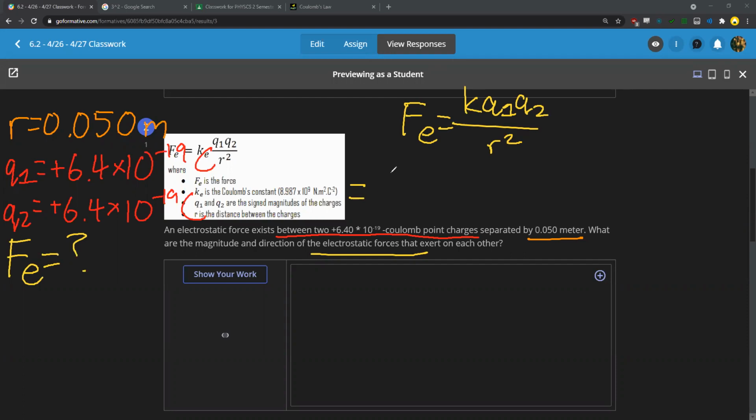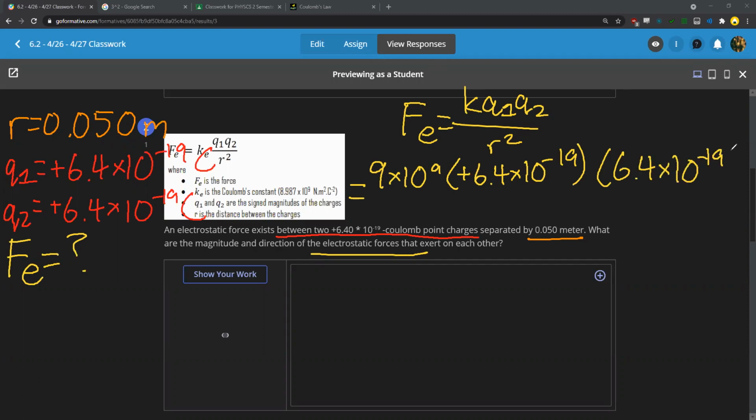So this becomes K is 9 times 10 to the 9, Q1 is 6.4 times 10 to the negative 19, Q2 is 6.4 times 10 to the negative 19, and R is 0.05 squared.